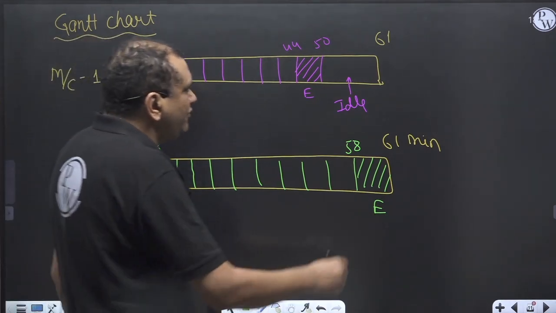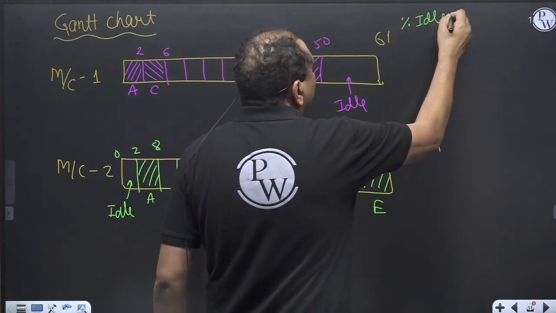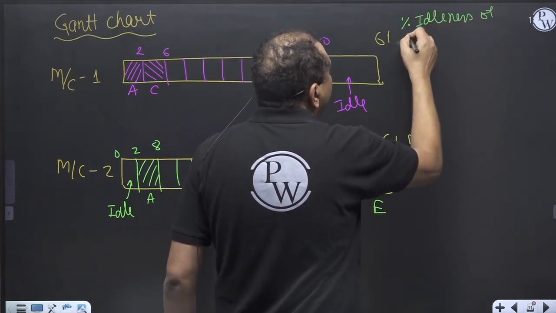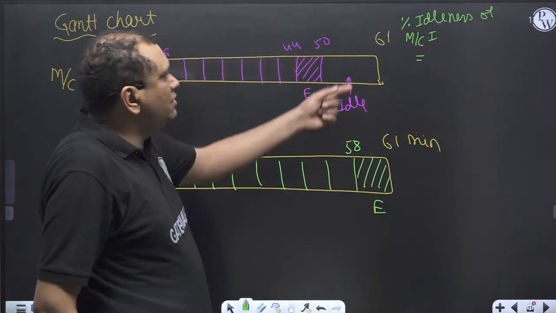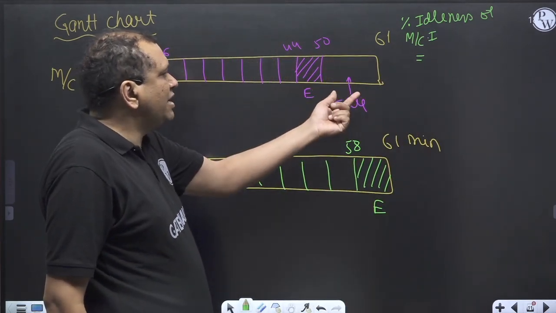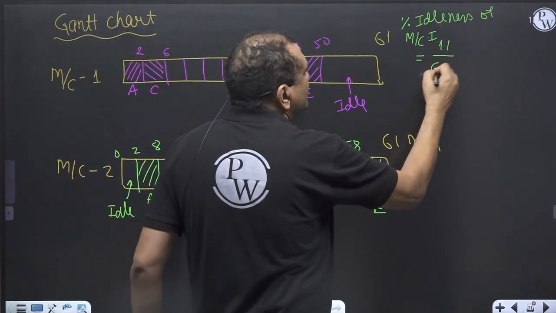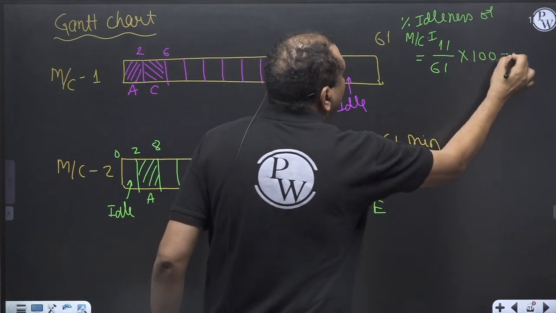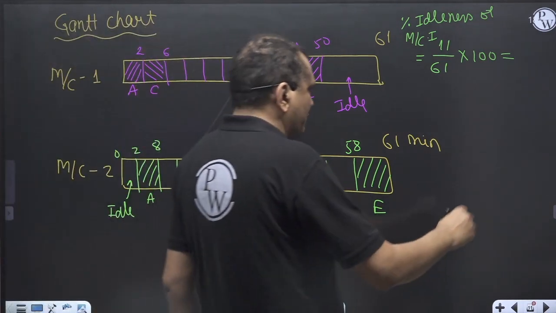So if you want to calculate percentage idleness of machine 1, 61 is the cycle time. How much time is it idle? 50 to 61, 11. 11 by 61 into 100. So percentage idleness of machine 1 is 18.04%.